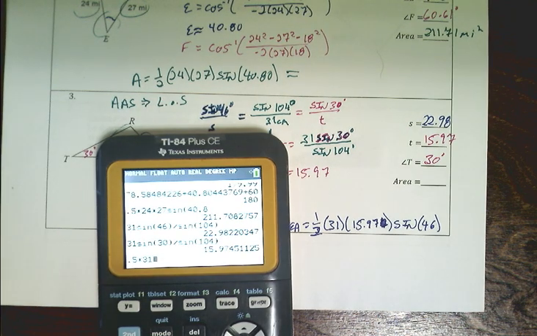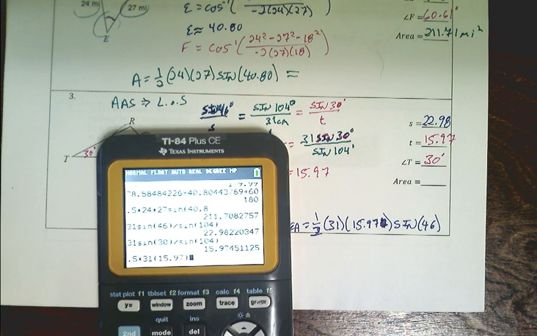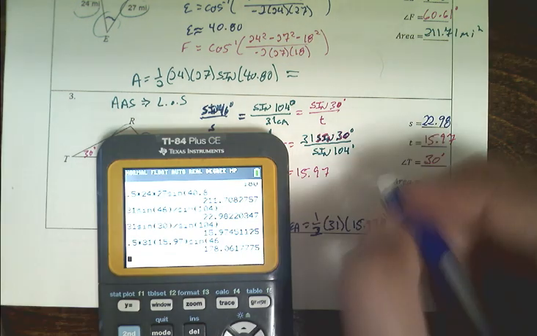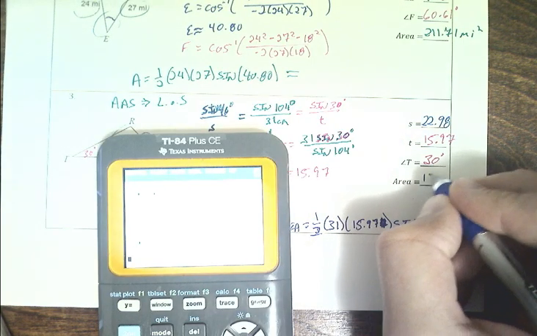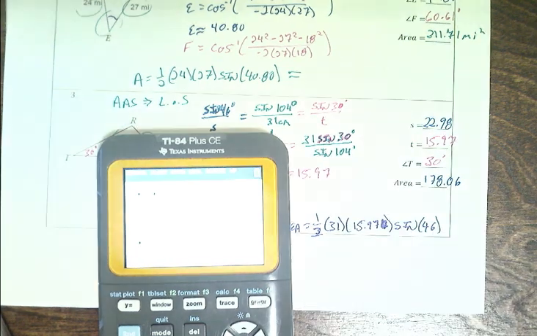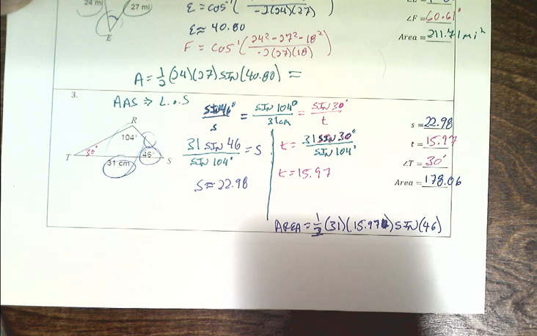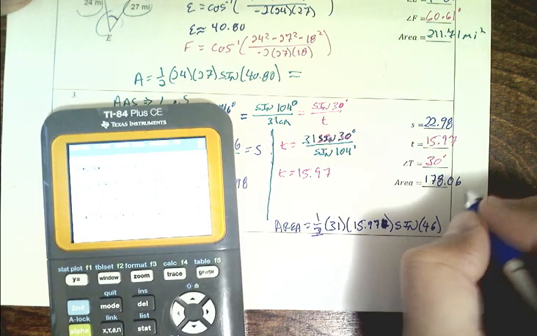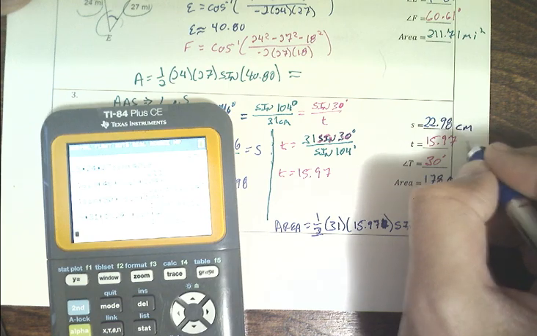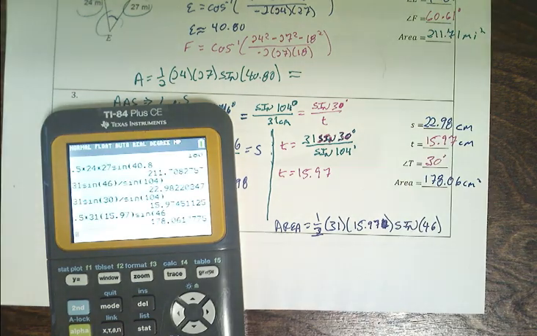Times 31 times 15.97. Sine 46 is 178.061. 178.06 unit squared. What is it? Centimeters. Centimeters squared. That's a centimeter then, and that's a centimeter.